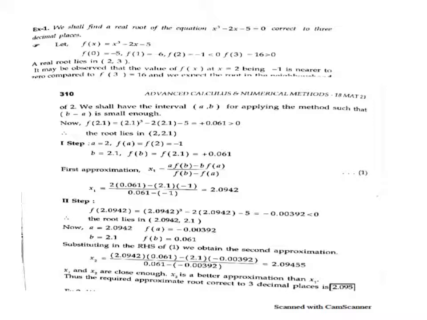On simplification, x2 is obtained; that is, substitute the value of a as 2.0942 into f of b. f of b is 0.061 minus b, that is 2.1, into f of a, which is minus 0.00392, divided by f of b, 0.061, minus f of a, that is minus minus 0.00392.